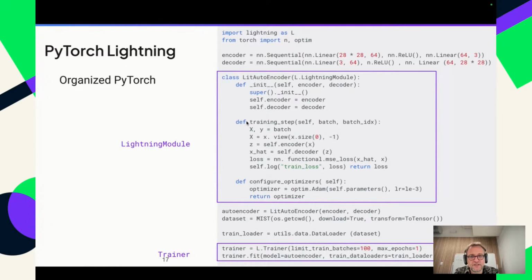We call them hooks. They're just methods in the Lightning module that the user needs to implement. And it will call them at the right time. And if it's distributed, it will call them again at the right time and do the right things so that during this call to fit, the weights of the model are optimized. So this is like from a mile up, and we'll go practical right now and do it from scratch.